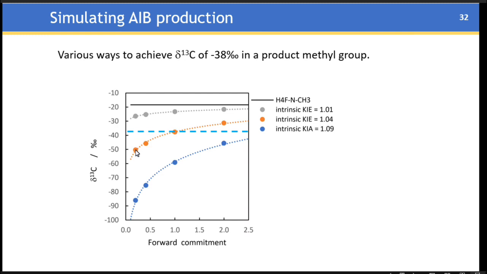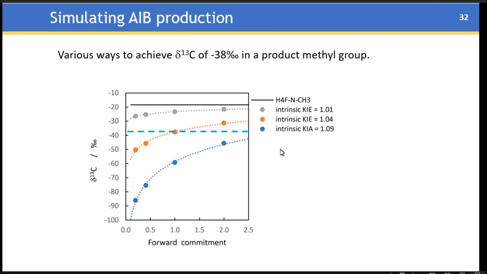If it had a very low forward commitment, that methyl group would have a minus 50 or minus 55 per mil isotopic content. If you had a more like 9% one, then the forward commitment is going to have to be out here someplace, 3 or 4, to give the minus 38 per mil.